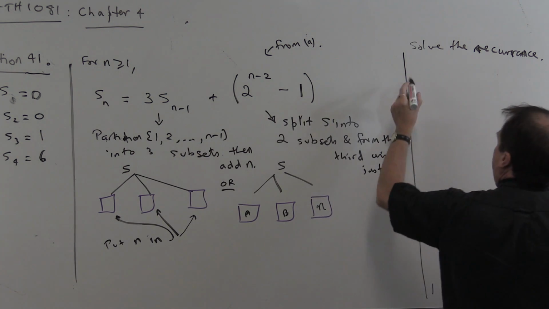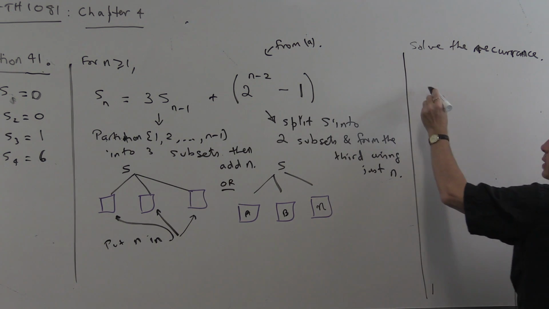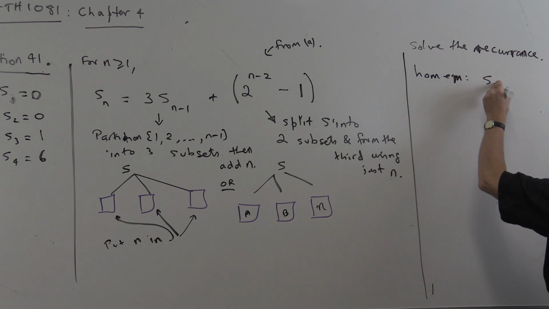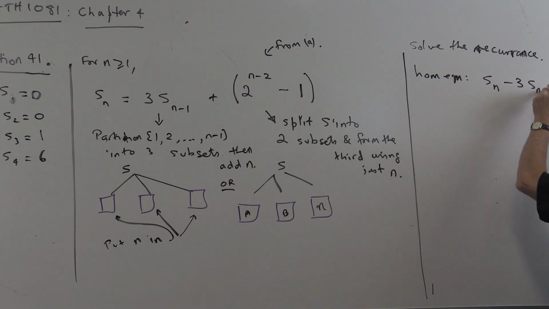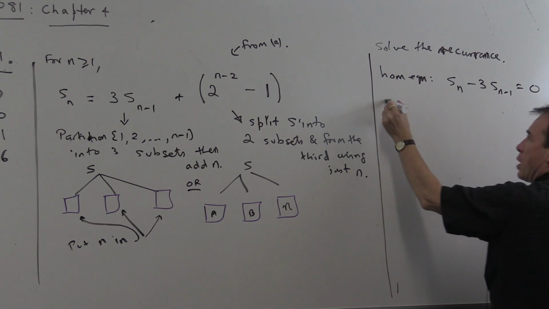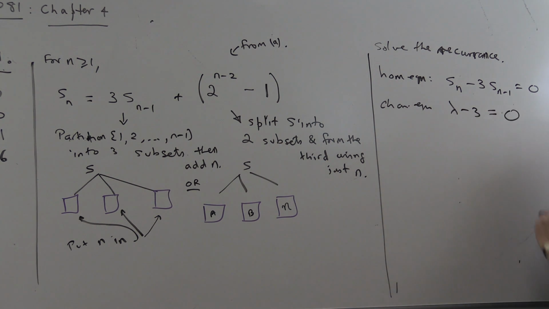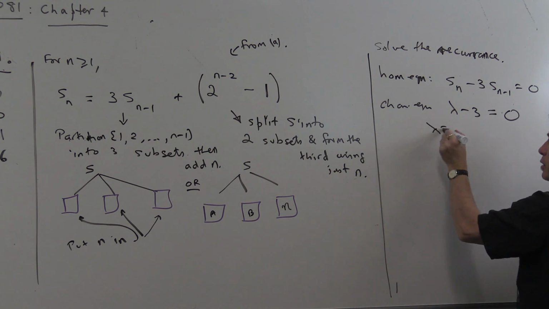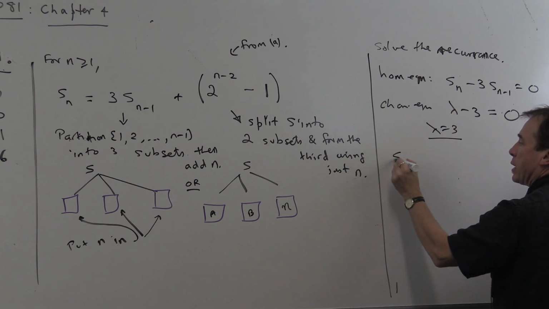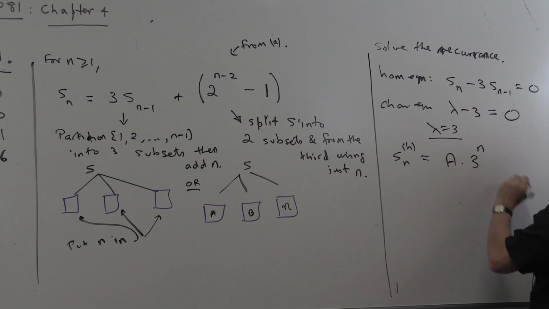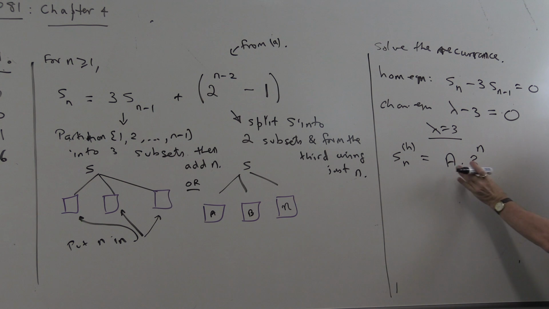So our method is to look at the corresponding homogeneous equation, which is S n minus 3 S n minus 1 equals 0. We look at its characteristic equation, which is just lambda minus 3. It's only first order, so you get a linear equation, not quadratic. So lambda is 3, and we can write down that our homogeneous solution is something times 3 to the n. Only one term here because it's a first order equation.